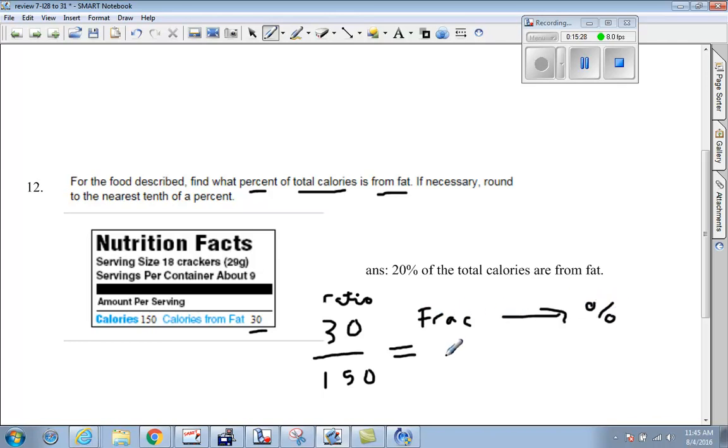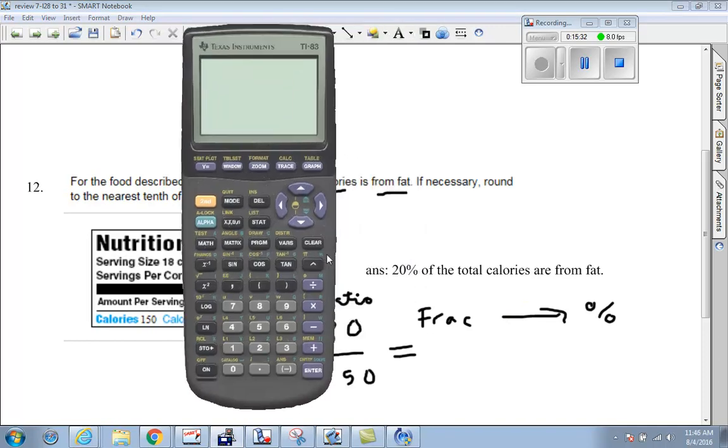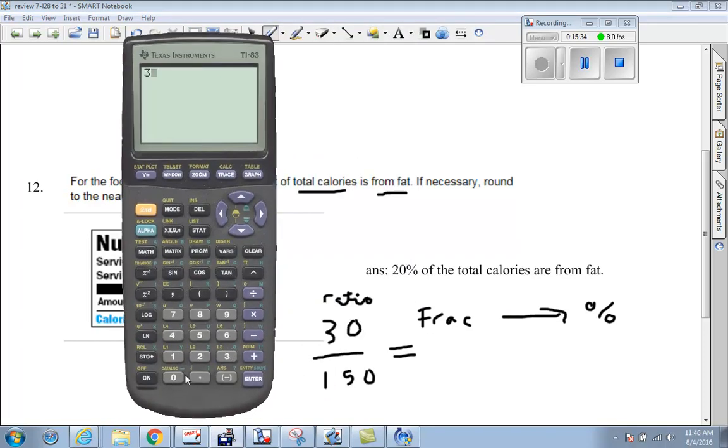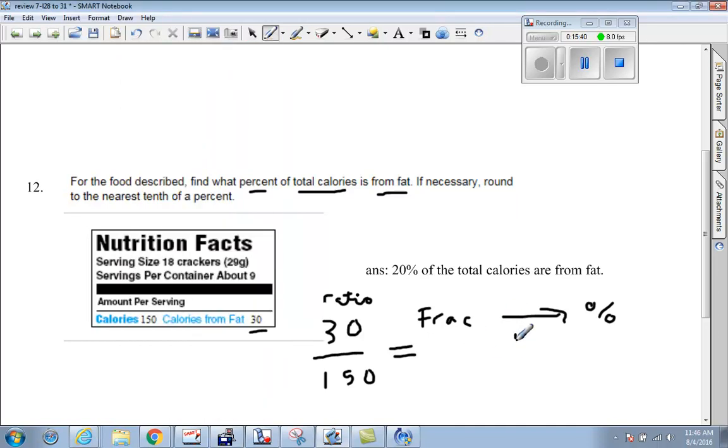So remember that you like to travel through decimal land first, at least I do. So let's take 30 out of 150, get a decimal, which is 0.2. So I'm just going to write the decimal here is 0.2. And then to convert that to a percent, that's obviously 20%. Okay, slide 2 to the right, 20%.